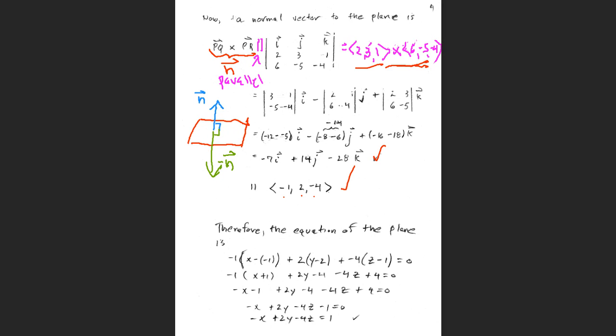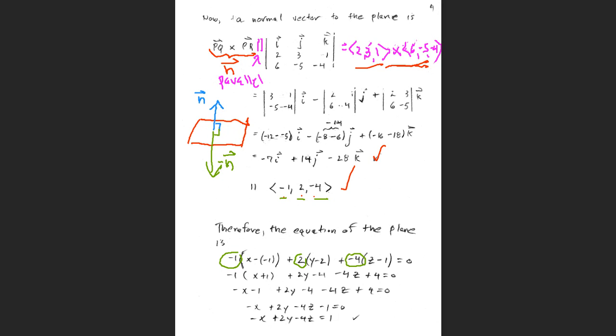Very good question. Now that we have the normal vector, now that we know the components are -1, 2, and -4, well, here they are, -1, 2, and -4.